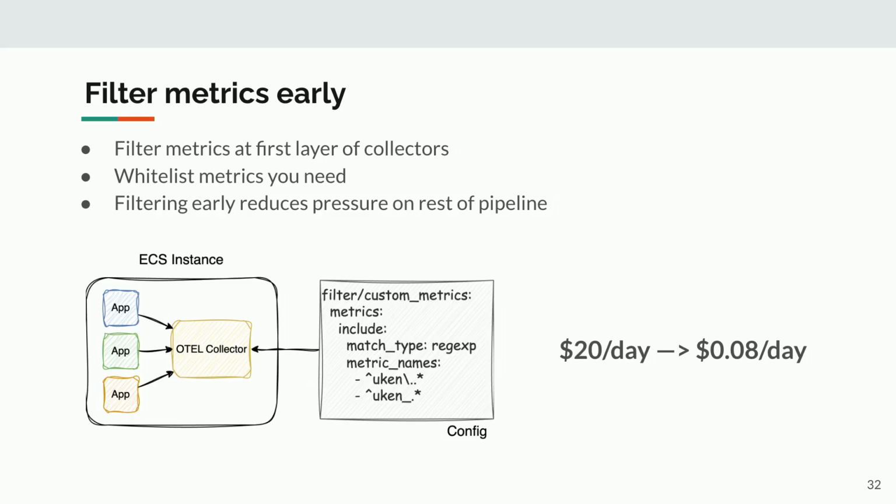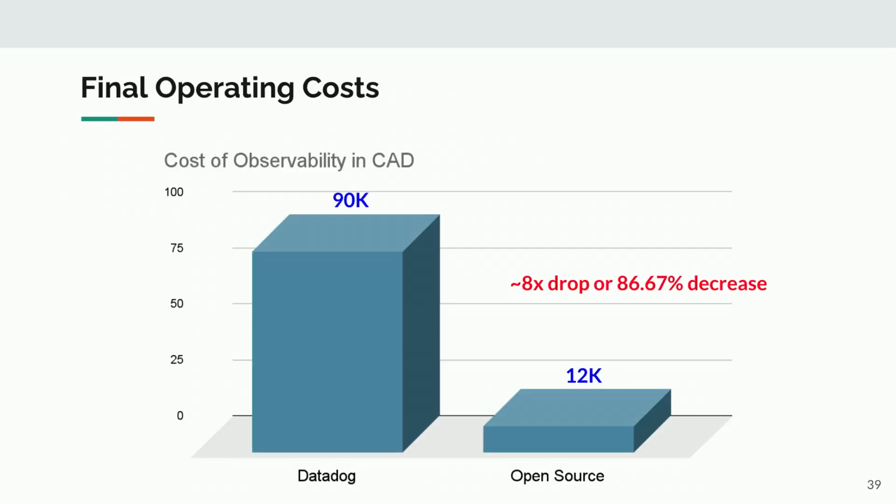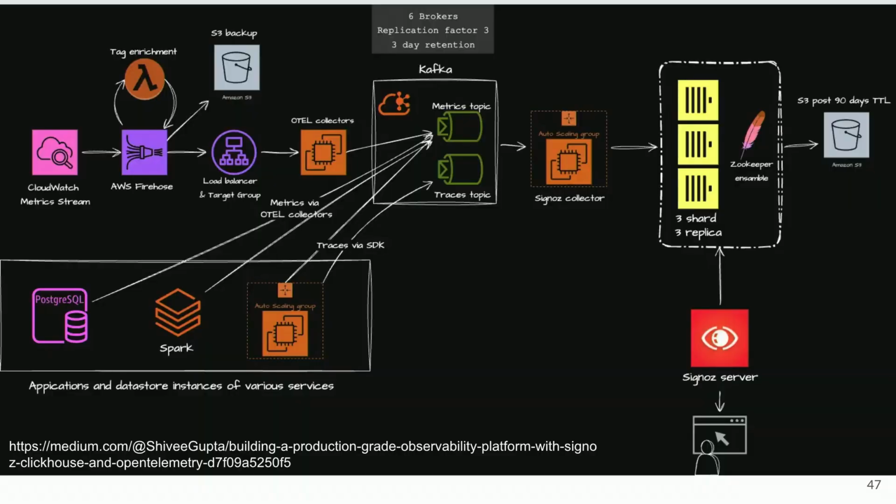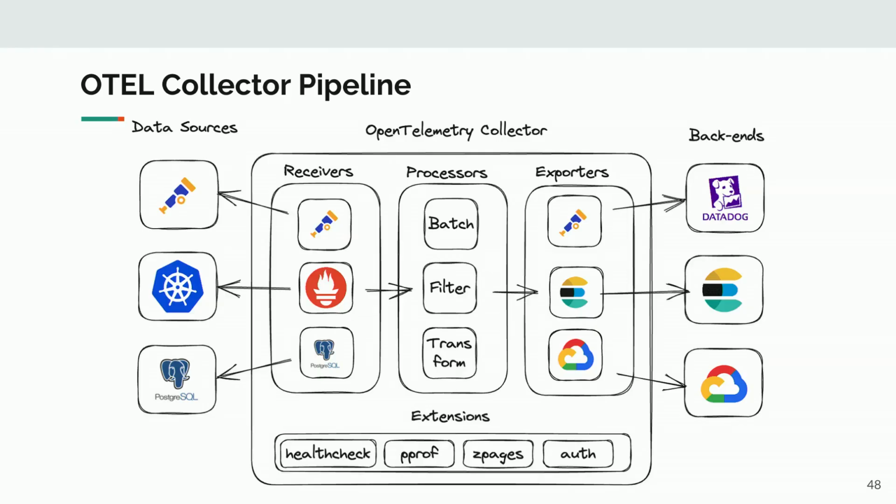Here in this OTel collector specifically, you said you'd be dropping useless metrics, so you wouldn't even be leaving the ECS instance. Correct. But in that later slide, you have these three layers, these processors and so on. That feels like there would be not just an OTel collector, but much more components. This slide maybe is a little confusing, but it encapsulates the entire OpenTelemetry process. These things are inside the OpenTelemetry collector Golang process.